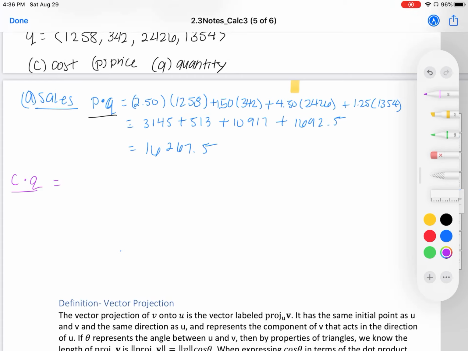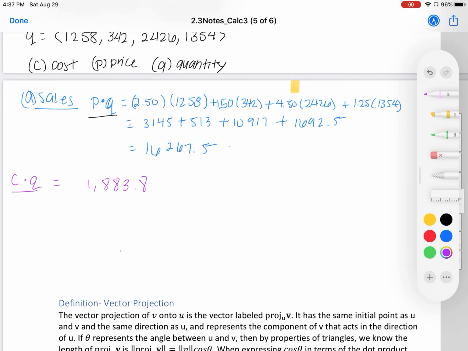I know that's above you. We're just learning new language. So our answer for how much we spent on inventory is 1,883.8.